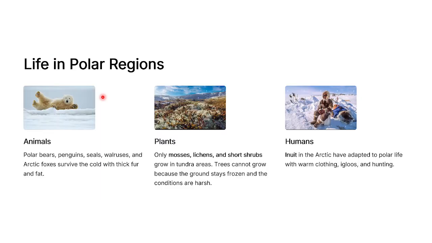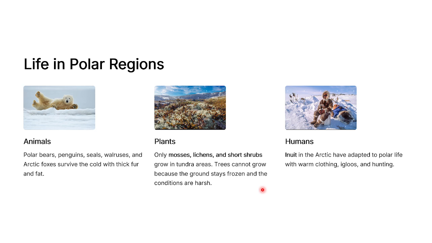Then polar life in the polar region: animals, plants, and humans. Animals include polar bears, penguins, seals, walruses, and Arctic foxes. They survive the cold with thick fur and fat. Among plants, only mosses, lichens, and short shrubs grow in the tundra area.